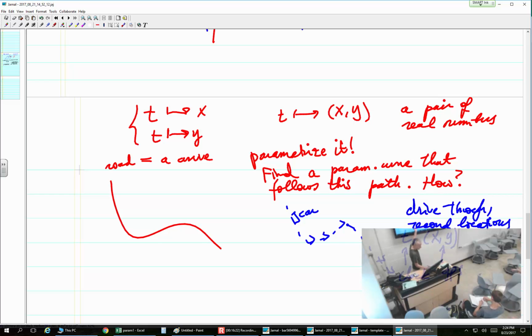Starting with a real curve, and then introducing a parameter, as a result you have a parametric curve, which can be represented in a number of ways. It's the same road, but different people will drive at different speeds, even in different directions, and all of those will be parametric curves producing the same curve. So different drivers, same curve.